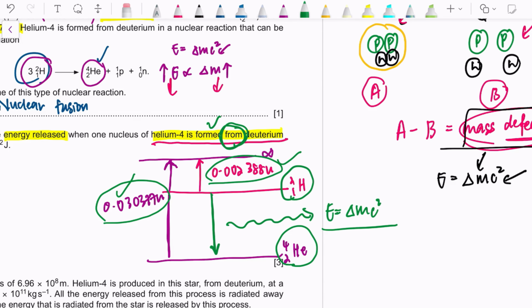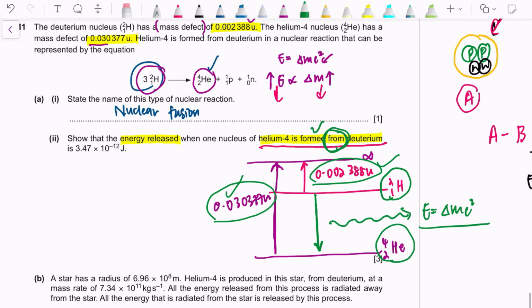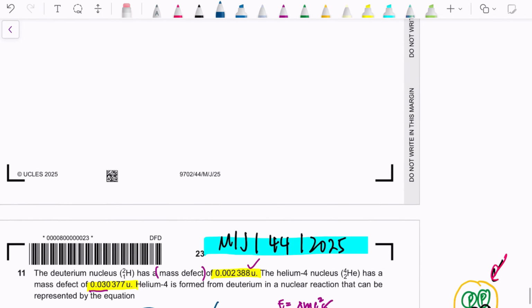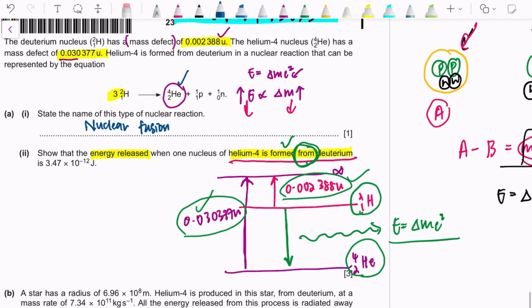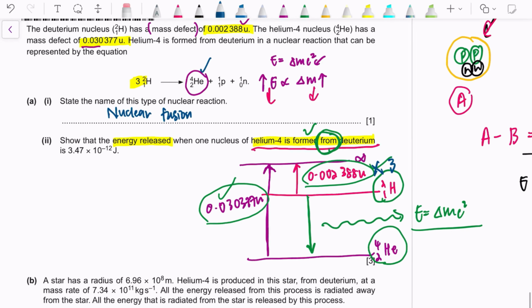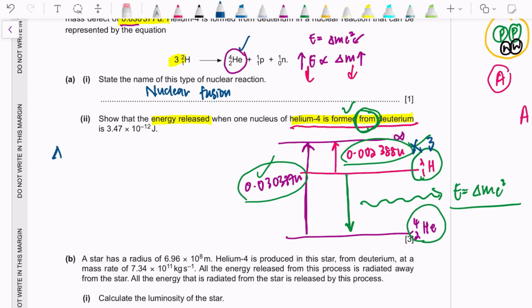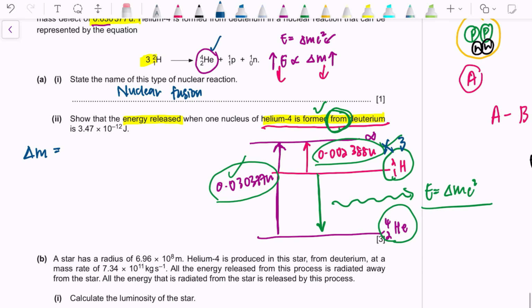Okay, so let's do that. But when doing that, you need to be very, very careful. Deuterium here has a 3 in front, so don't forget to multiply this by 3. Let's first calculate this difference in mass.